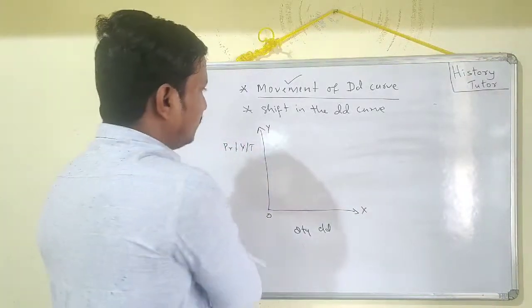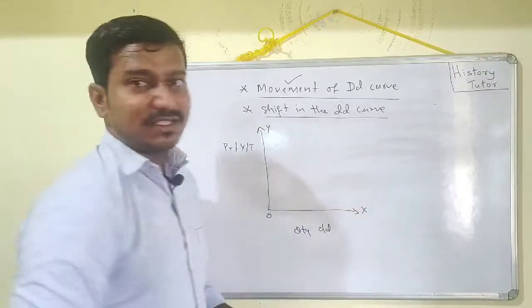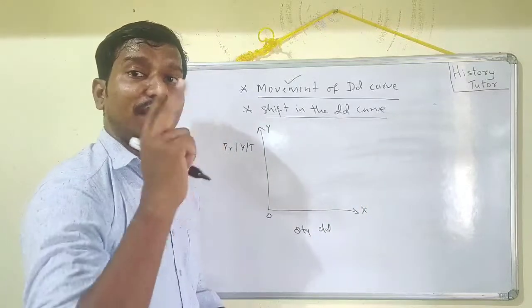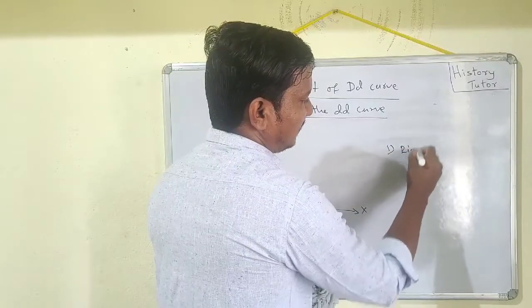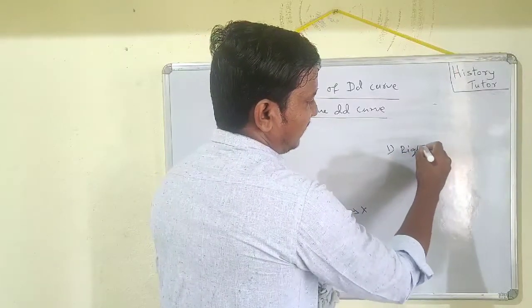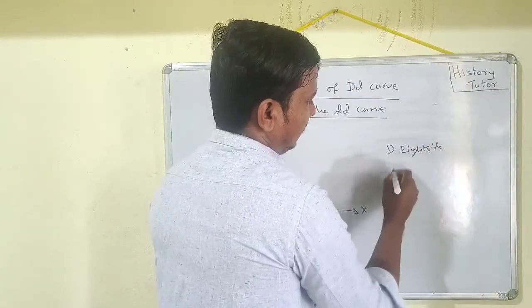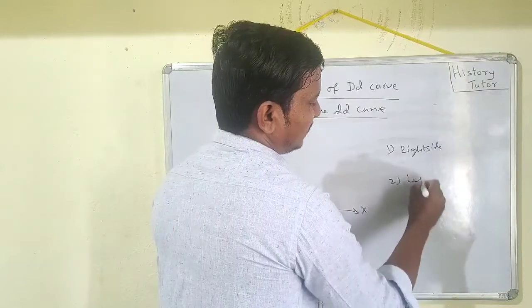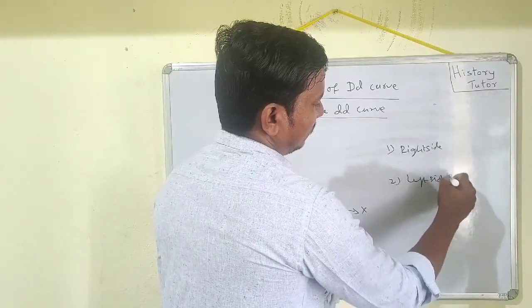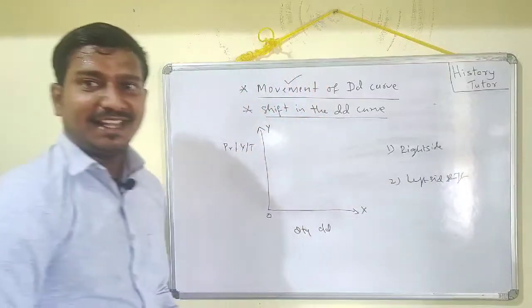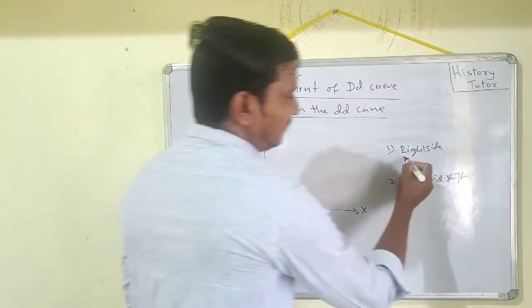The shift may occur in two ways again: one is right side shift, and the second is left side shift. So let us take the first one now.